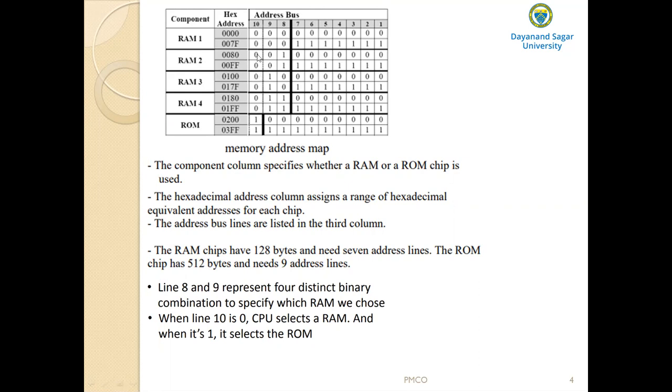If line number 10 is 0, then one of these RAMs is selected. If address line 10 is 1, then the ROM is selected. So this is how you distinguish between the RAM and ROM selections.